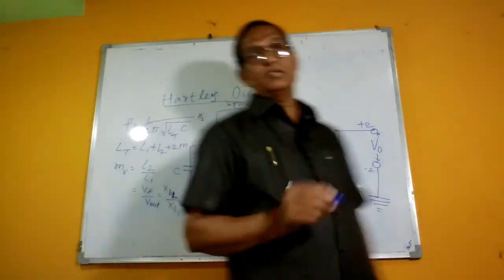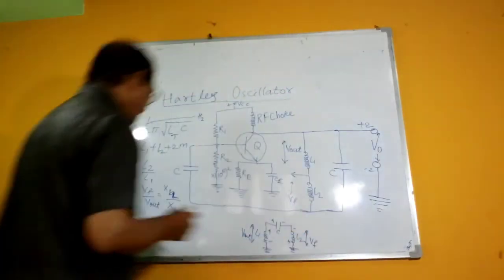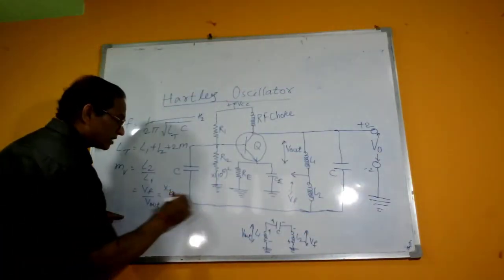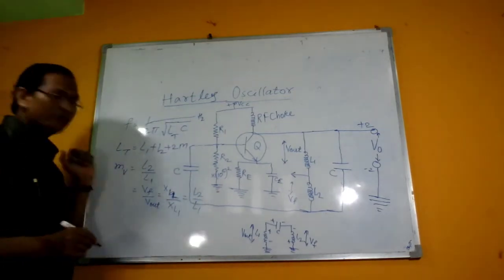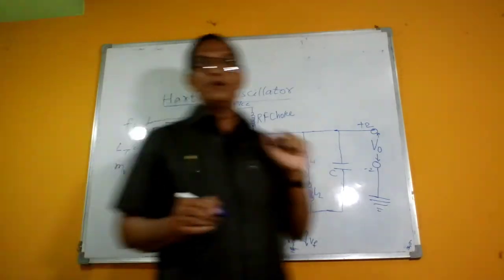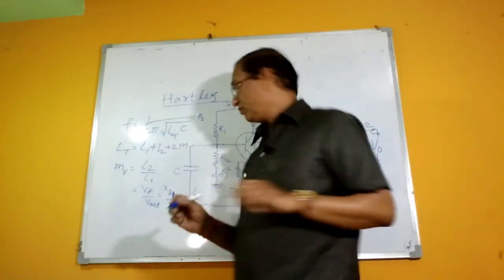This reactance is directly proportional to the inductance of the inductor. Therefore, this comes to be L2 divided by L1. Therefore, the feedback fraction m_v is given by L2 by L1.